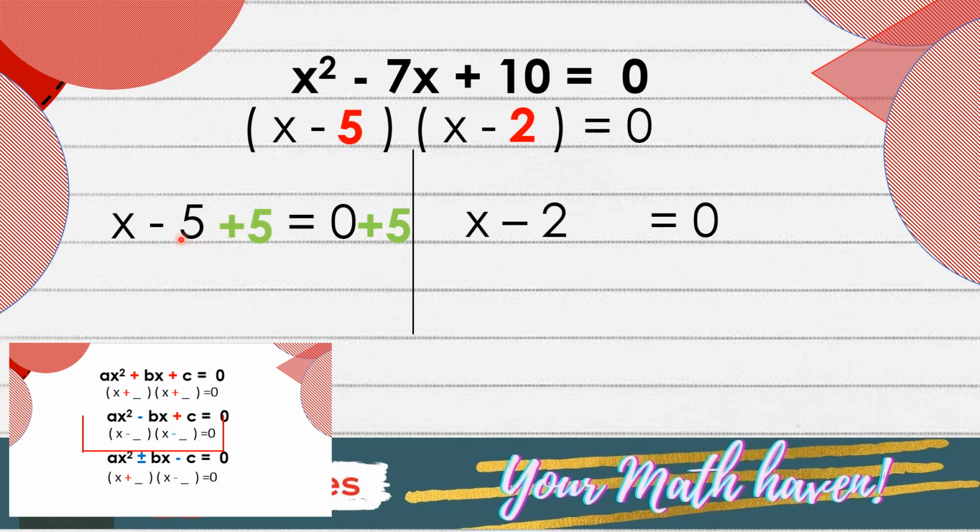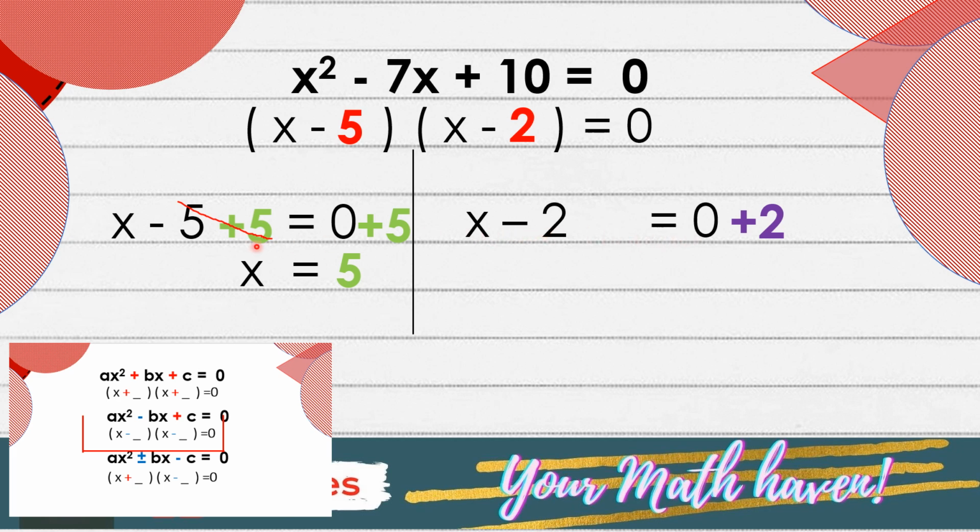So negative 5 plus positive 5, that is 0. So the remaining term is x. And 0 plus 5, that is 5. So on this side, we have x minus 2 is equal to 0.